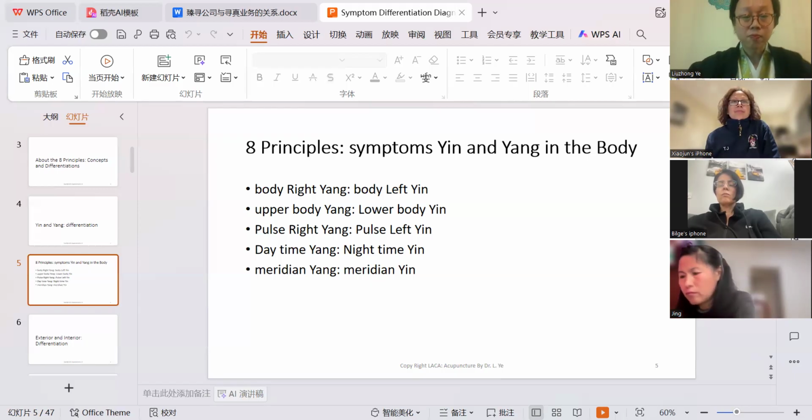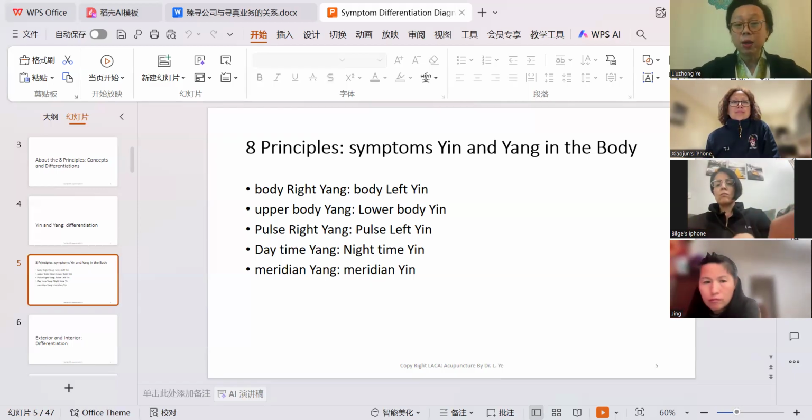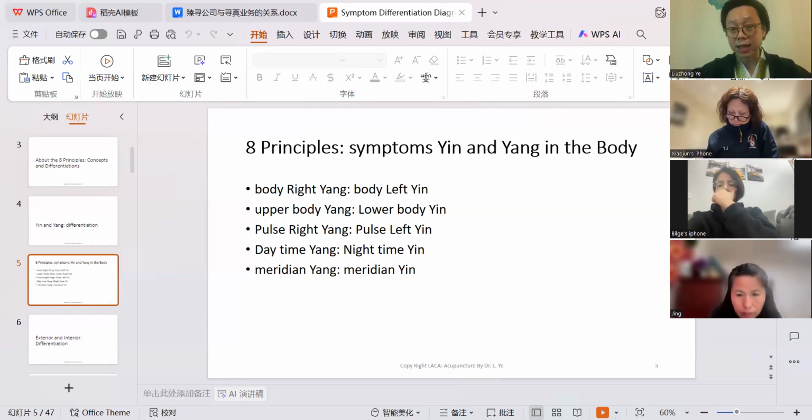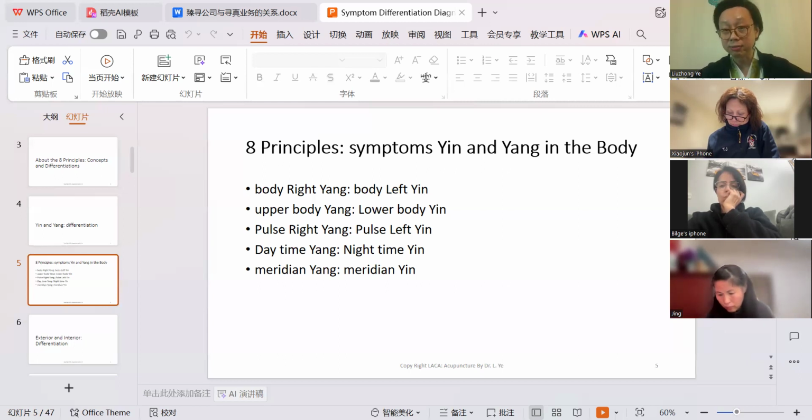Okay. And upper body yang, lower body yin, that's easy to understand. Compared to the wind and cold, wind is yang, cold is yin. Or wind and damp, wind is yang and damp is yin.